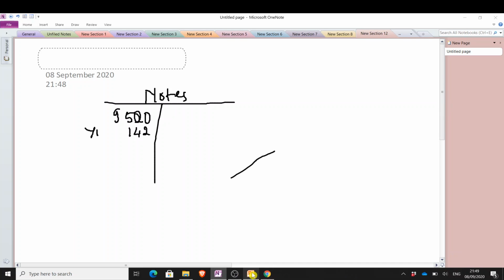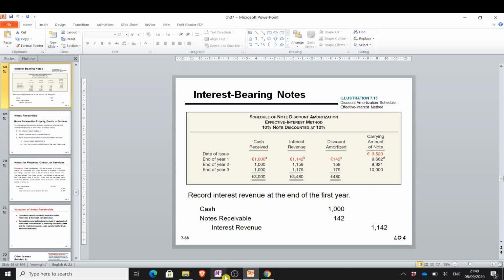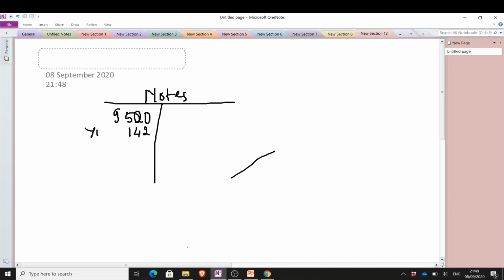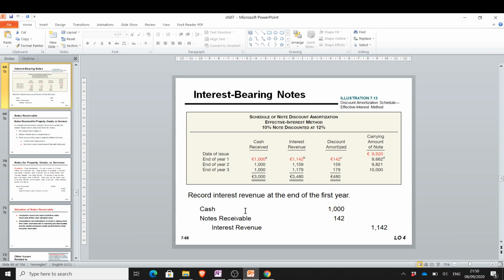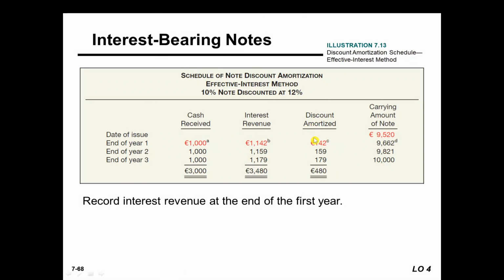In year 2 we add 159, and in year 3, 179. So at the end of the third year, it equals 10,000. So this is why we need to record back, or add back to notes receivable, the amortized discount.